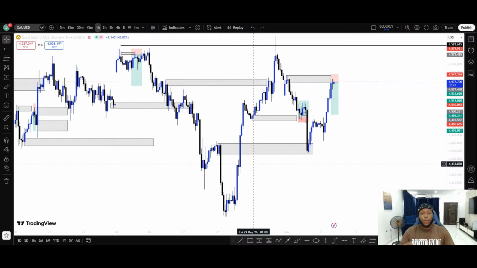Because I've always said this. One of the entries that corresponds so well with gold is breaker block. Gold does not joke with breaker block, and also a top tier secret when you're trading gold: gold does not joke with 1 hour order blocks, be it an order block or a breaker block.